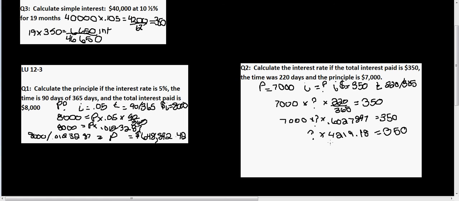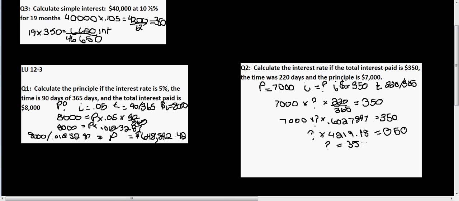Okay, to isolate this question mark over here, the function being used currently on this side is multiplication. We have to do the opposite. We have to divide this whole side and the right-hand side by 4,219.18, therefore eliminating it on the left side. That leaves us with a question mark equaling 350.